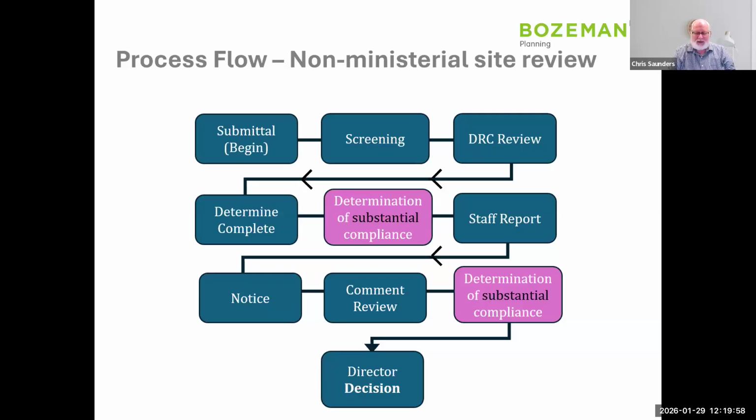If it is not in substantial compliance, the application pauses review, information is requested from the applicant, and then a repeat of this process follows only on the new information. And so eventually we reach the point where the director is able to reach a conclusion and make a decision for the project.